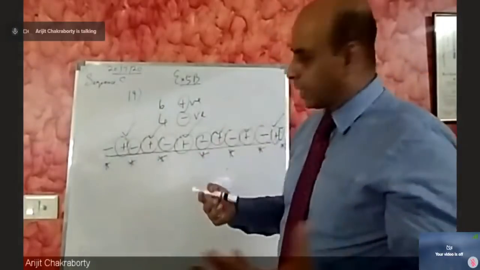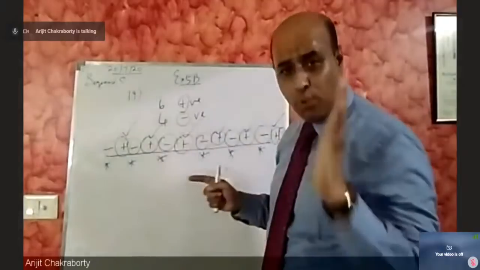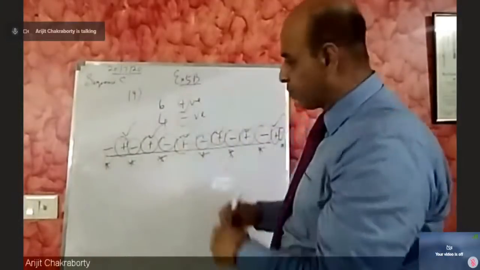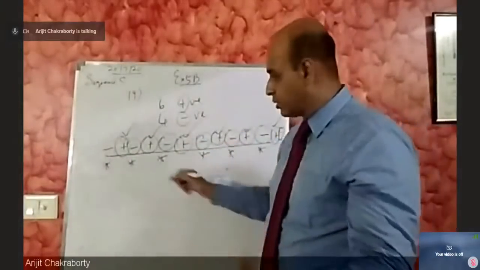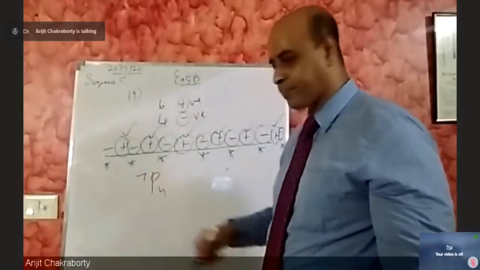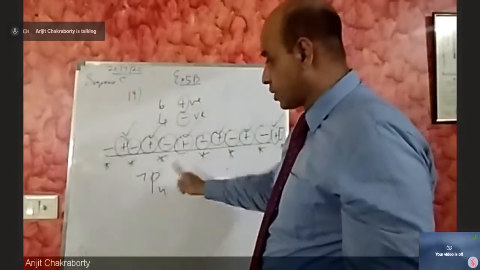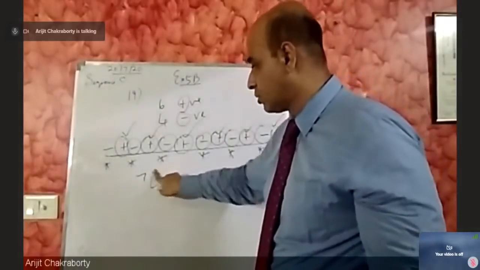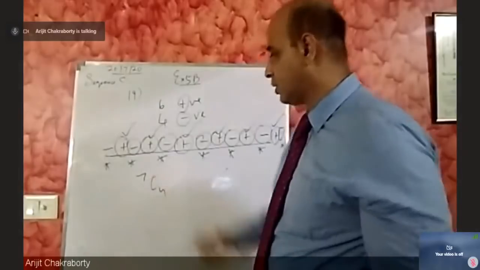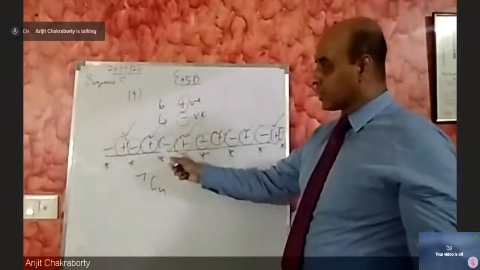So in how many ways can you do it? If you have 7 places and 4 negative signs, how many ways can you fit them? It's a case of permutation, 7P4. Sorry, combination, 7C4.